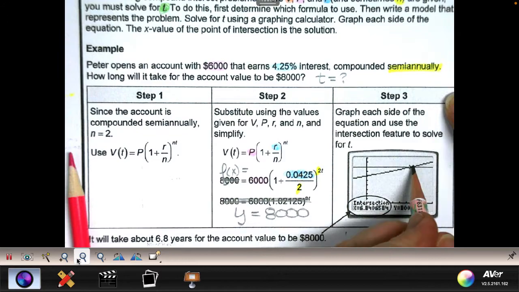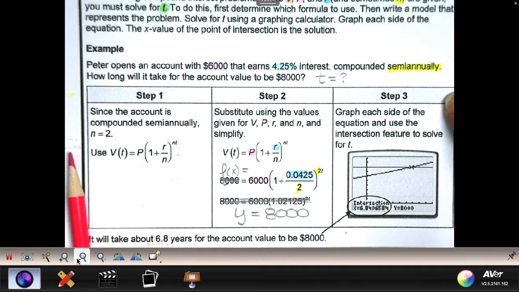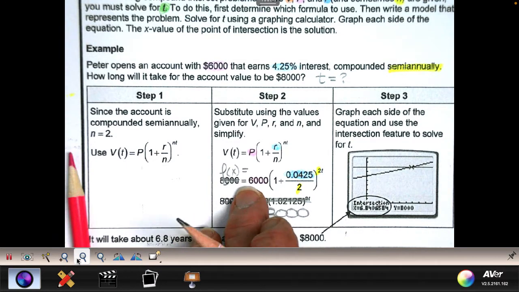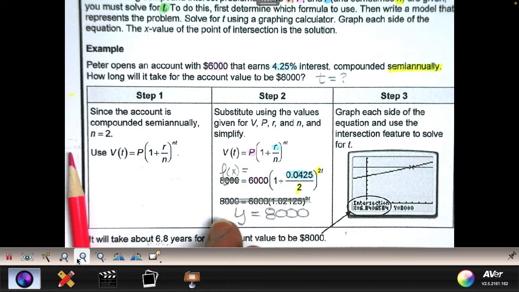And then it'll show you where they meet. So for Desmos, we put them in as two separate. This one will be a curve. This one will be a line. If you touch the curve and zoom in or zoom out, it will show you the point of intersection. So it's going to take about 6.8 years for the account value to be 8,000.